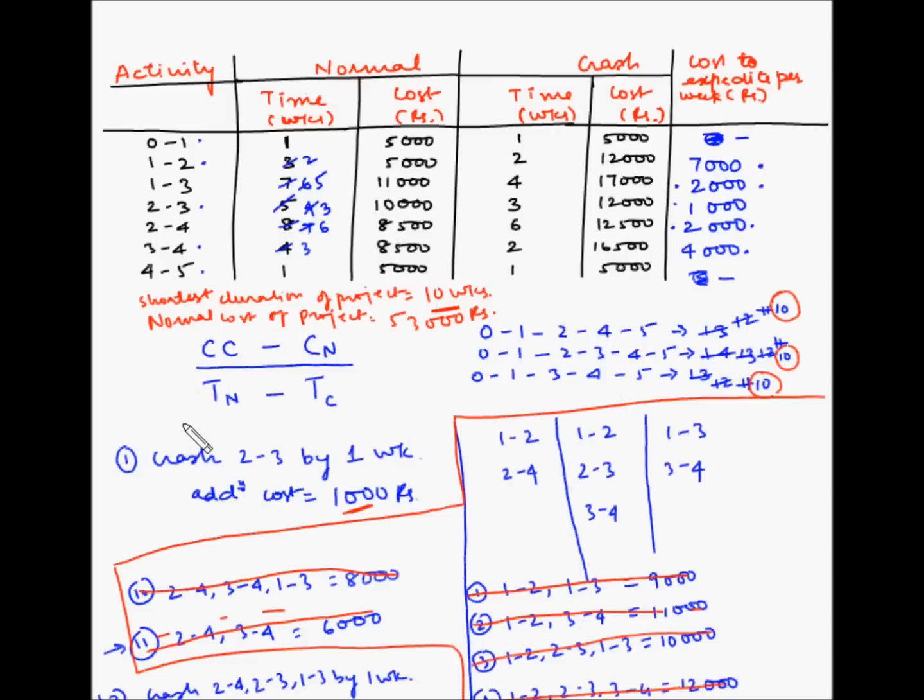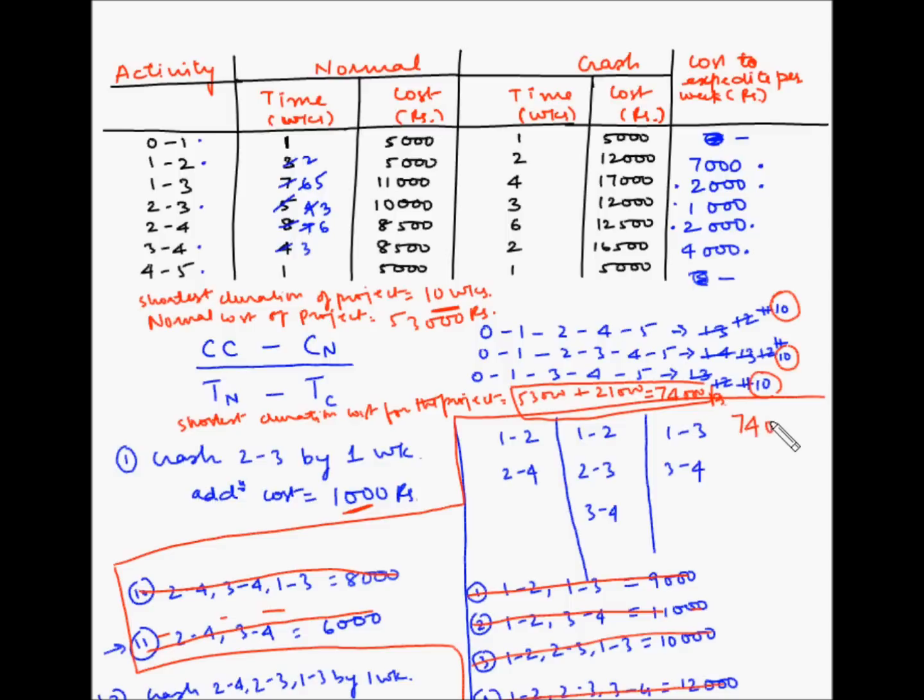So the shortest duration cost for the project is equal to 53,000 plus 21,000, which is equal to 74,000 rupees.